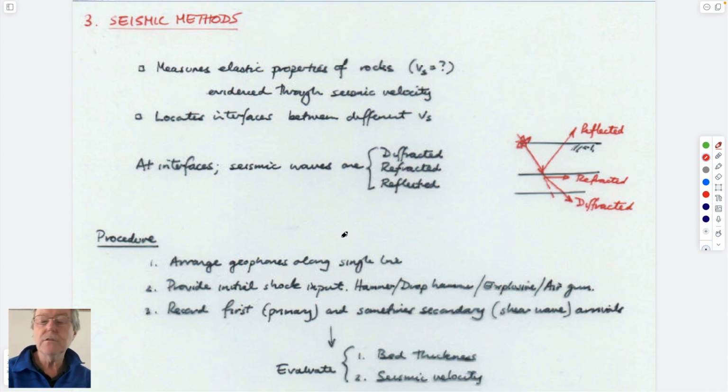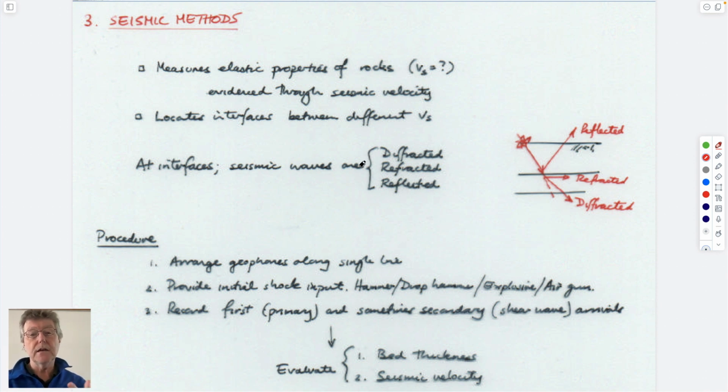So seismic methods. We've talked about how the magnetic conductance of objects in the subsurface changes the geomagnetic field. We talked about the electrical characteristics, electrical resistivity and conductivity, as a proxy for geological media.